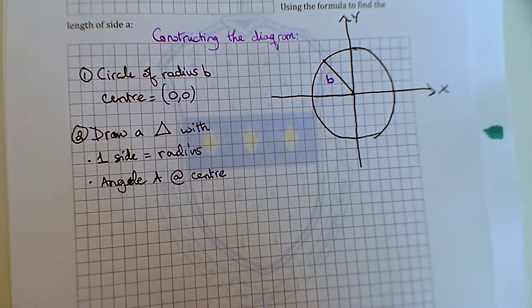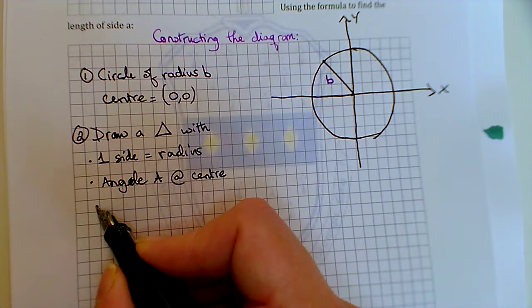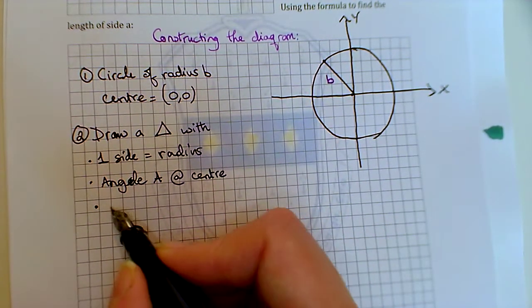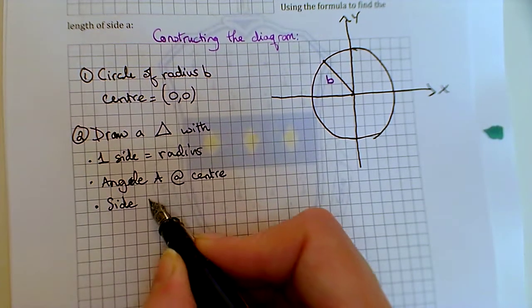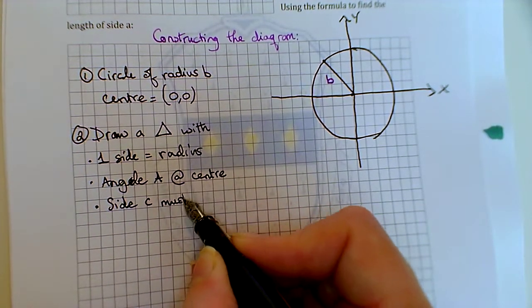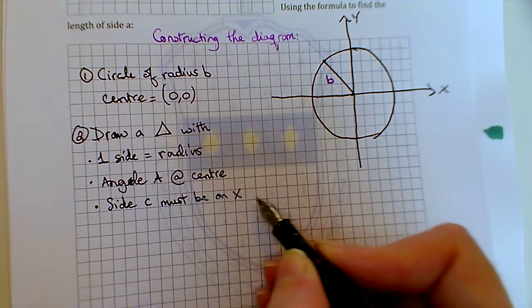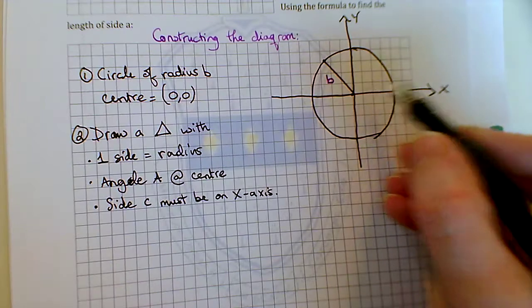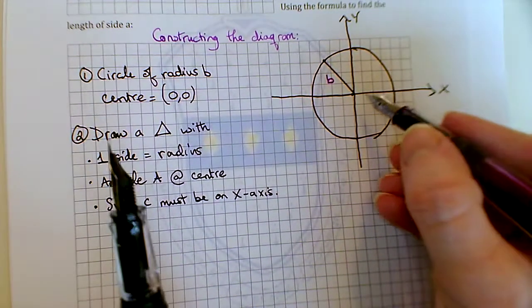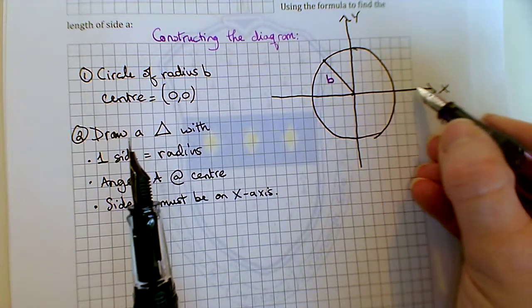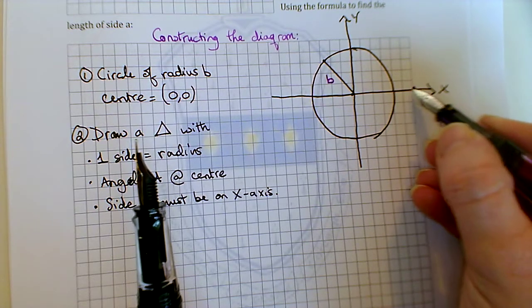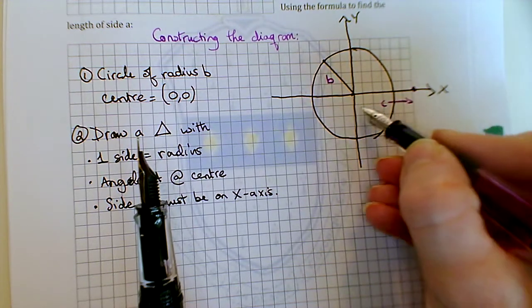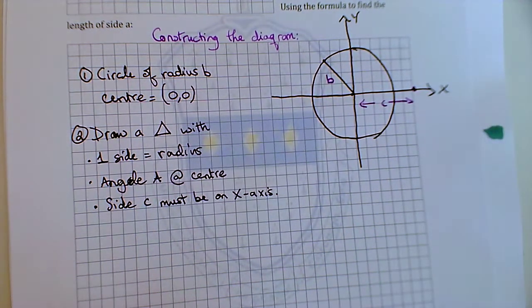So my angle A is going to be at the center, and the third thing we want to say is that the side C must be on the x-axis. Okay, so my side C, however long it is, might be shorter than the circle radius. We'll just assume that it's longer. So it comes all the way out to here, and that is my side C, like that.